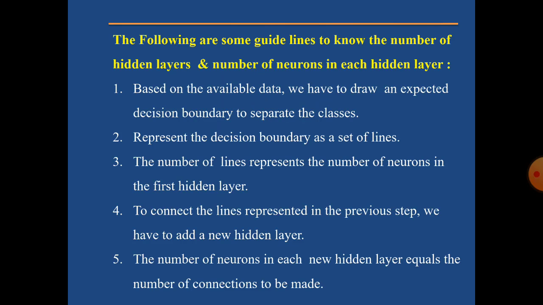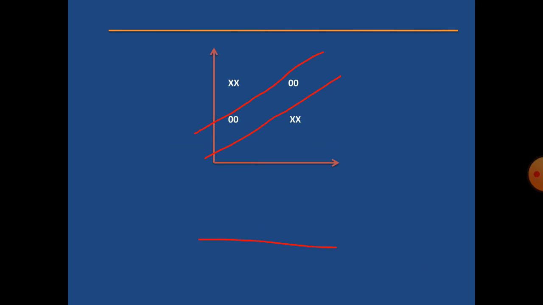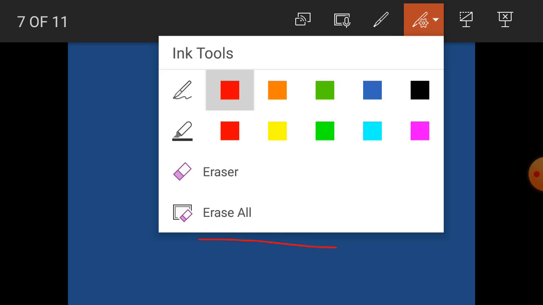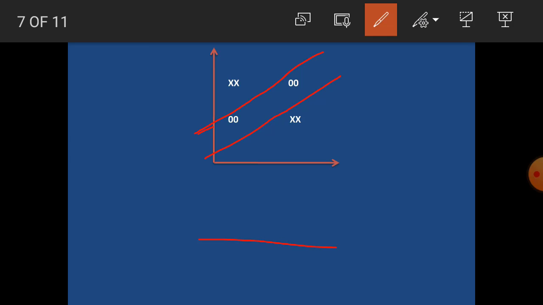Next, the fourth point: to connect the lines represented in the previous step, we have to add a new hidden layer.